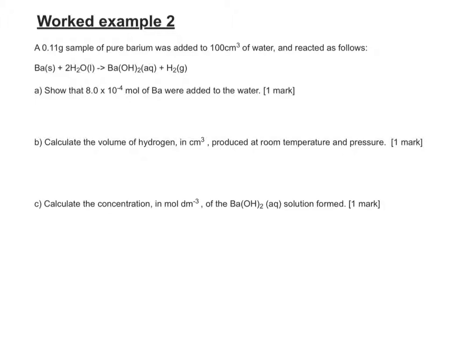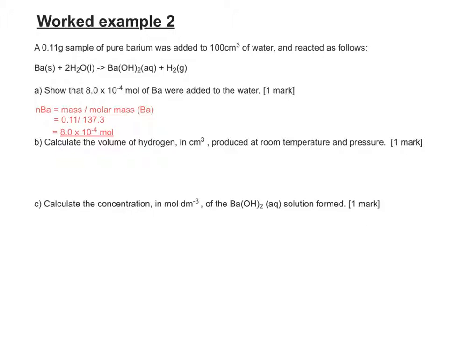This is automatically now moles equals mass over Mr. So what you do is you take the grams that you're given, 0.11, and you go and look up the relative atomic mass for barium on the periodic table, which is 137.3.